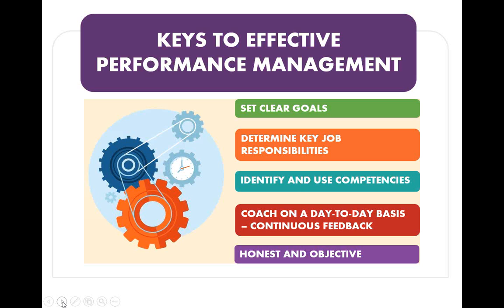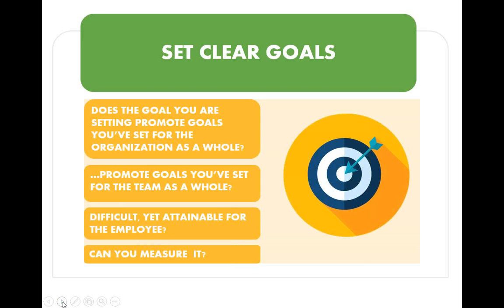This 4th one is so critical: you coach on a day-to-day basis and provide continuous feedback. And then your assessment of performance and needs is honest and objective. If you do those 5 things, you're going to be in pretty good shape. And the trick is going to be to teach and coach and support your managers and supervisors as they learn to do these things.